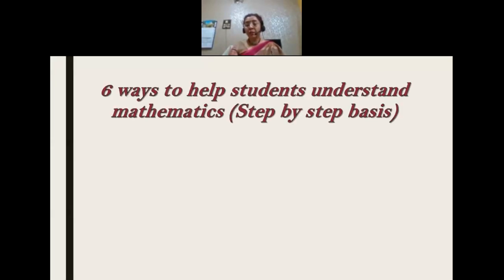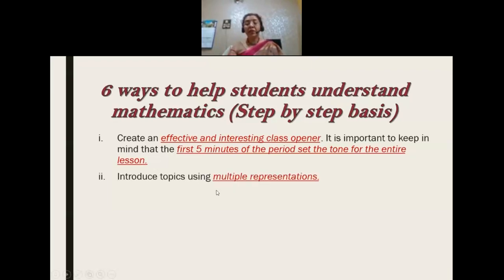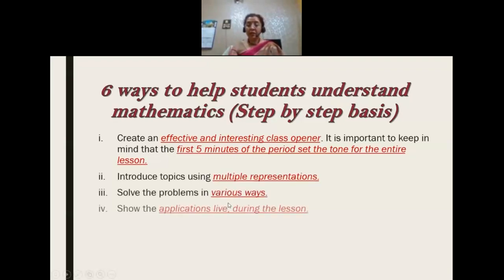So 6 important ways to help the students to make subject interesting. Always open it with 5 minutes good opener. Multiple representations. See, we have taken different topics of different classes and different ways we have represented in various ways, and give the live applications.